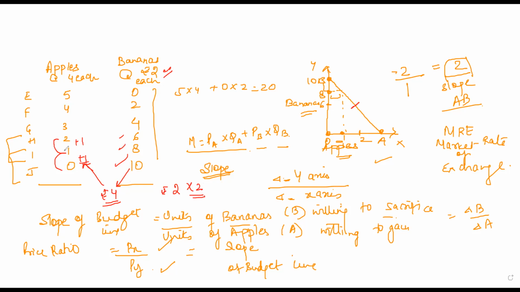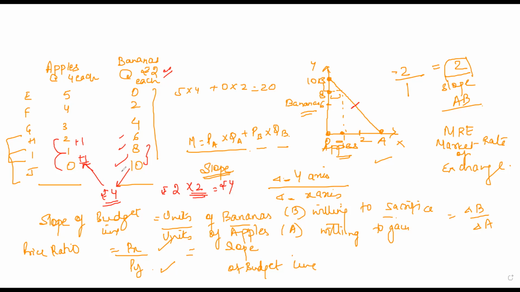4 rupees I need for one apple. How will I get that 4 rupees? I'll save from my bananas. So how much do I save? I do not eat 2 bananas because that saves my rupees 2 per banana, and that gives me rupees 4 to spend on apples, right?